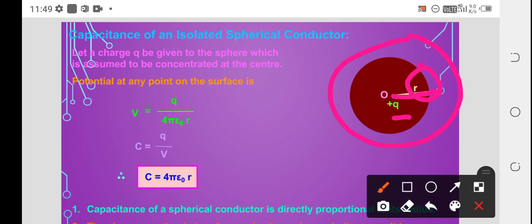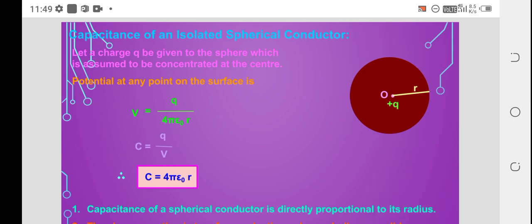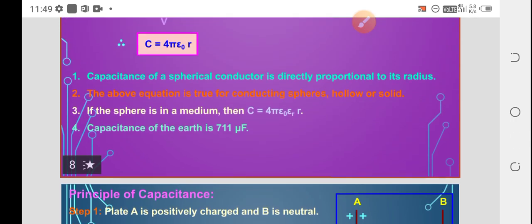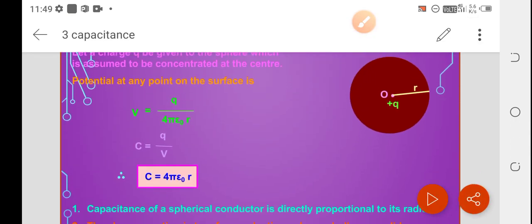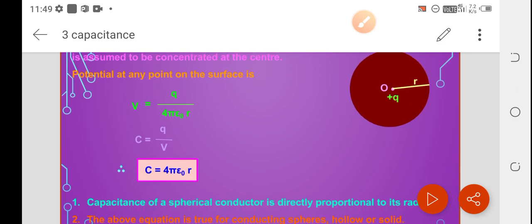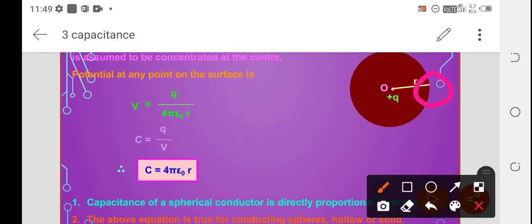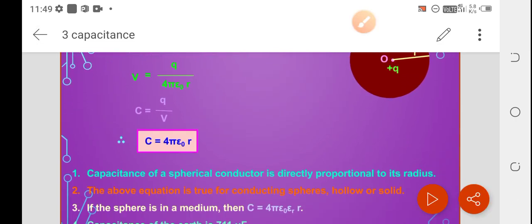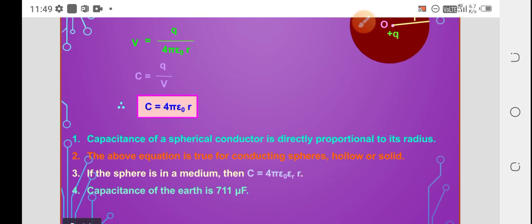Potential at any point on this surface is V = Q/(4πε₀R).